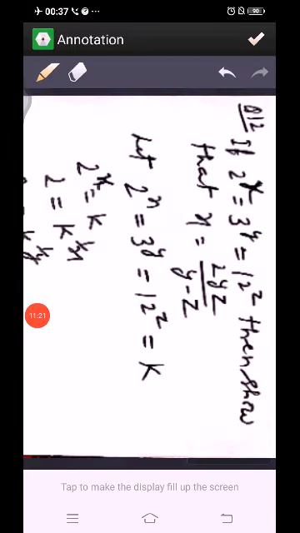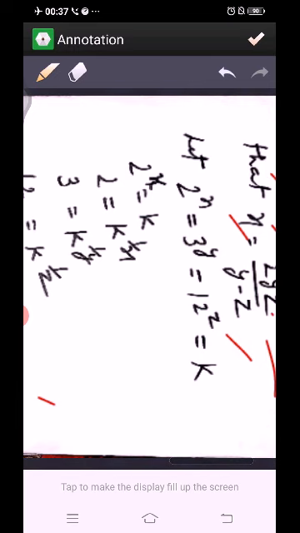Let us take question number 12. If 2 power x equal to 3 power y equal to 12 power z, then show that x equal to 2yz upon y minus z. So now we say let 2 power x equal to 3 power y equal to 12 power z, that is equal to k. This we have let.